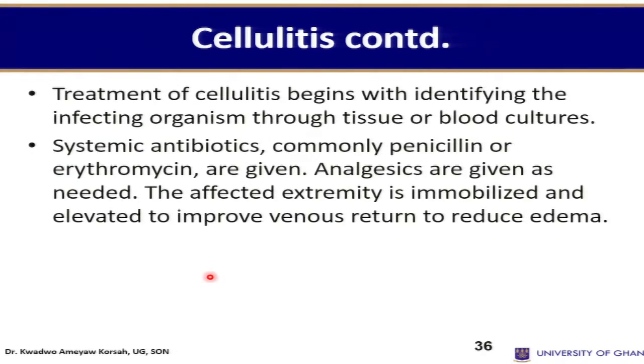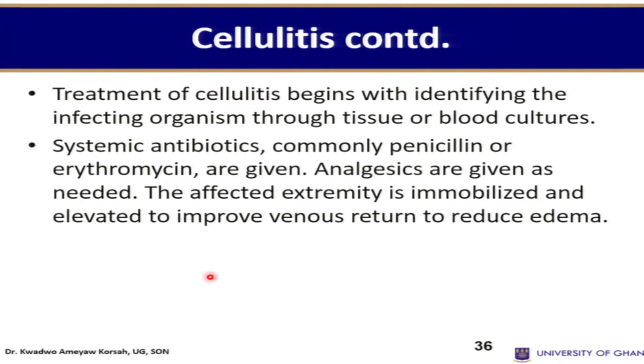Treatment of cellulitis begins with identifying the infecting organism through tissue or blood culture, and then we have to use systemic antibiotics, commonly penicillin, to treat. We can also use erythromycin, and for the pain associated with the condition, you give analgesics as necessary, and the affected extremity is immobilized, which means we don't have to move it, and then elevate it to improve venous return.